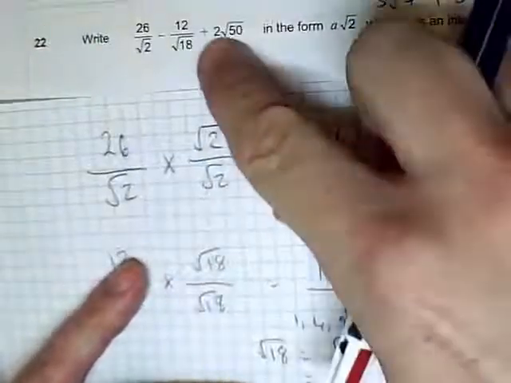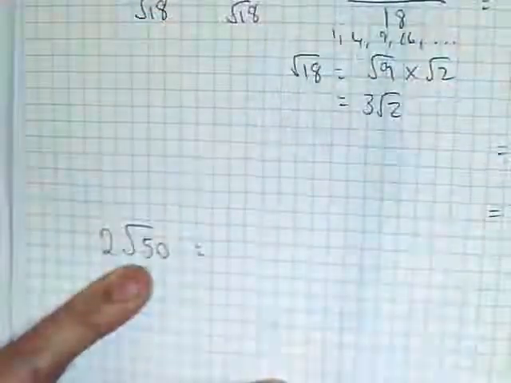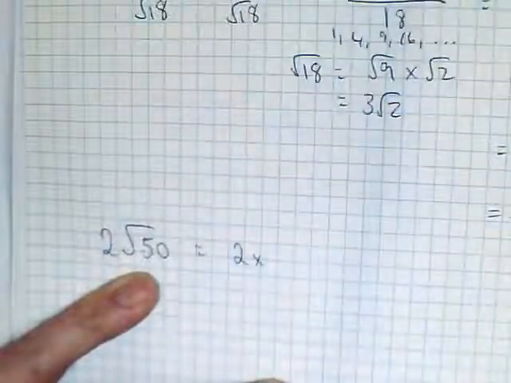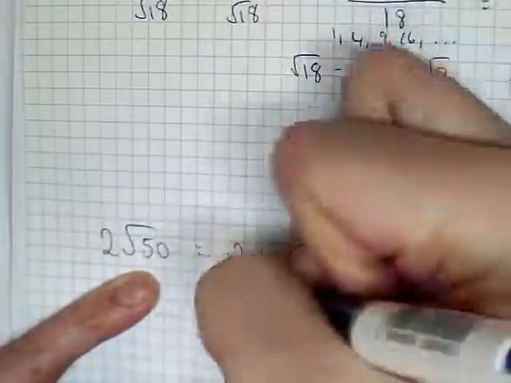Right, final bit, plus 2 root 50. This works similar to before. So 2 times root 50 means 2 times root 50.